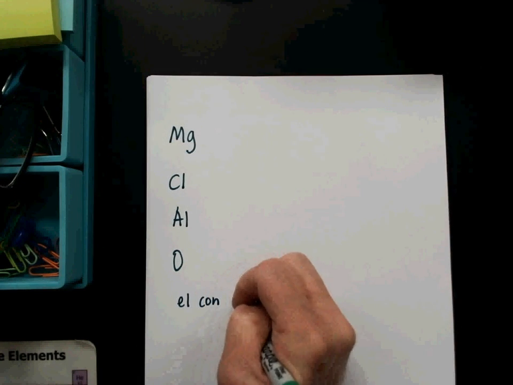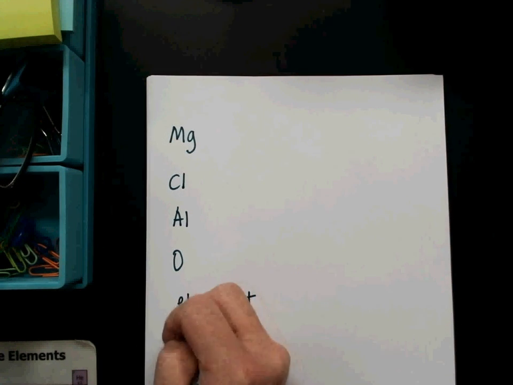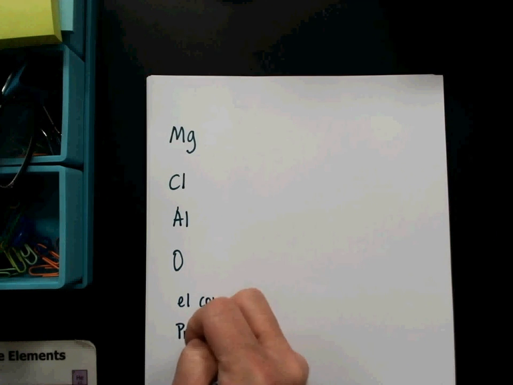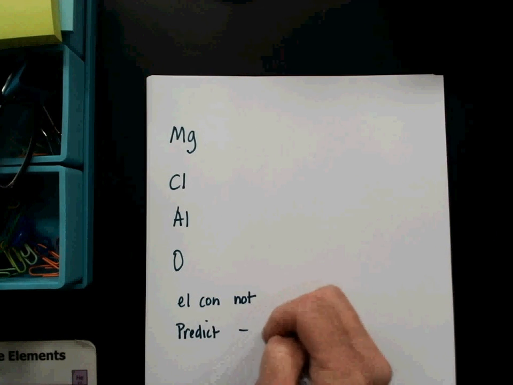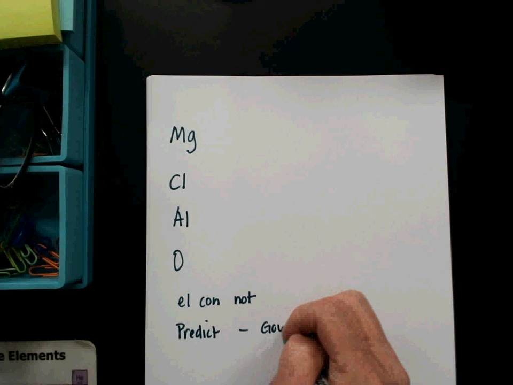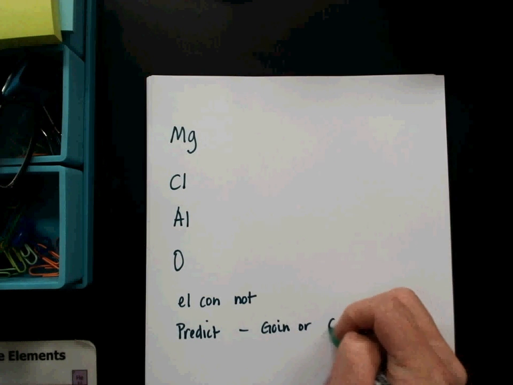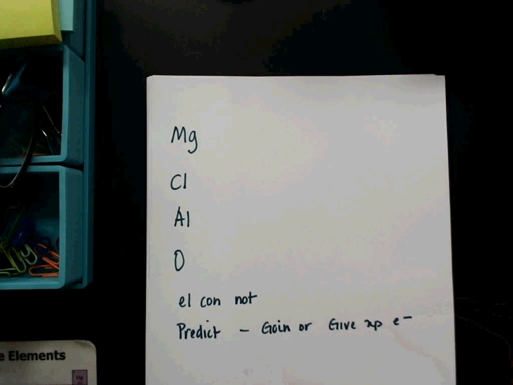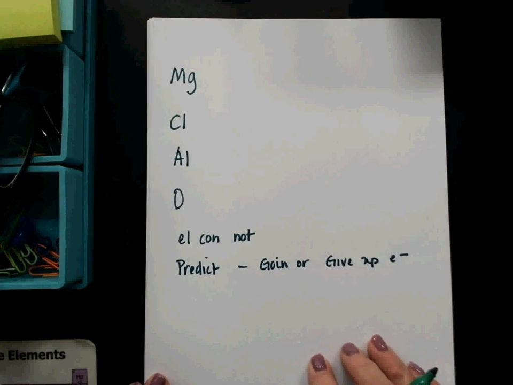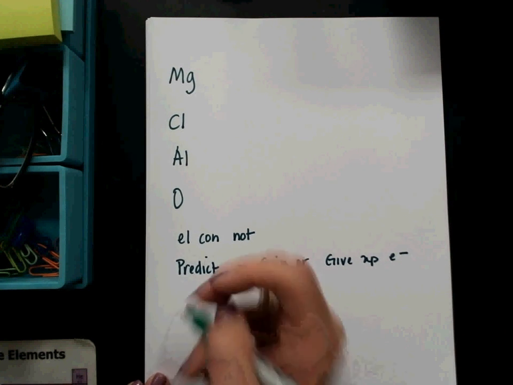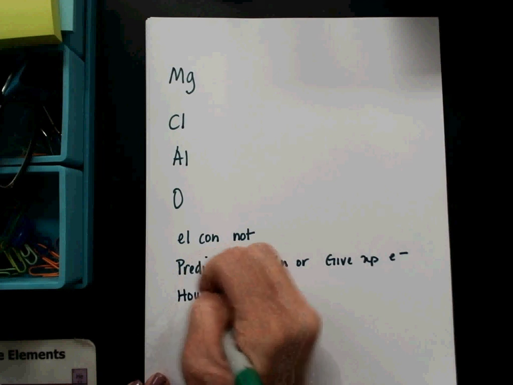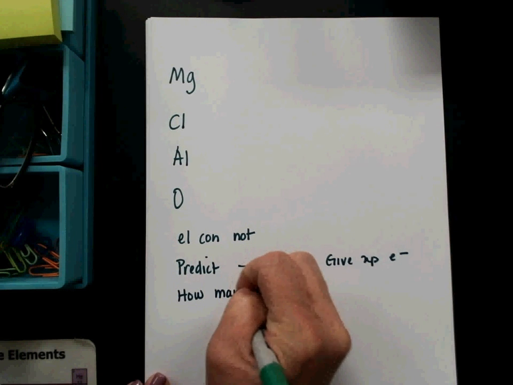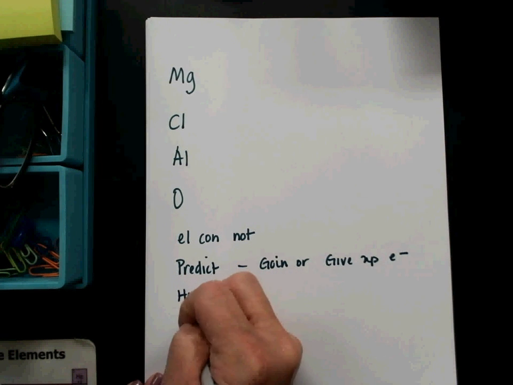First, I want you to do electron configuration notation. Then I want you to predict gain or give up electrons. And then I want to know how many.